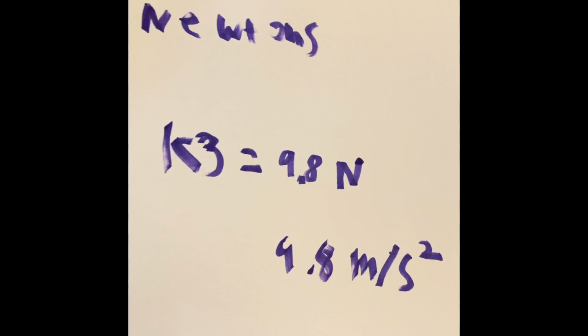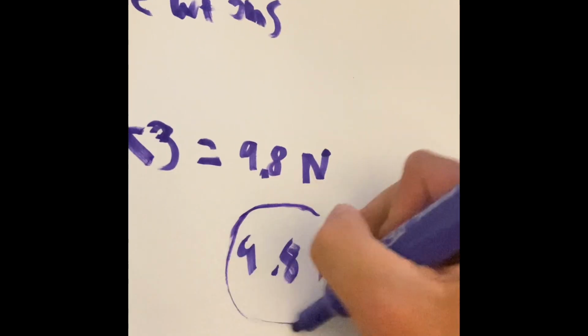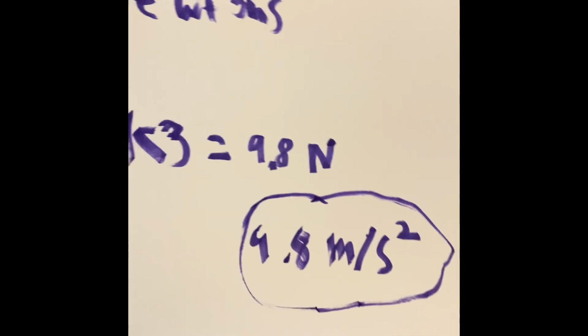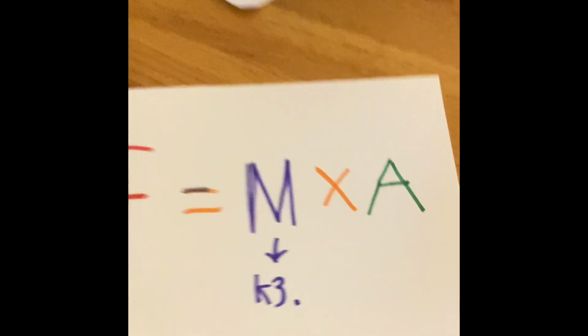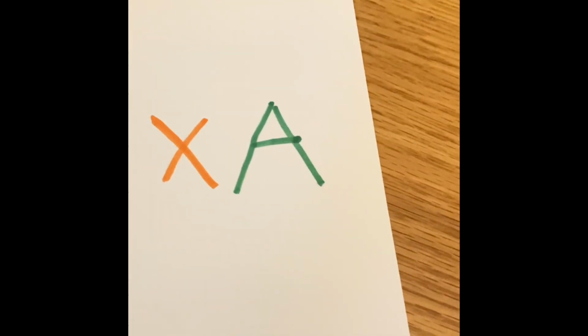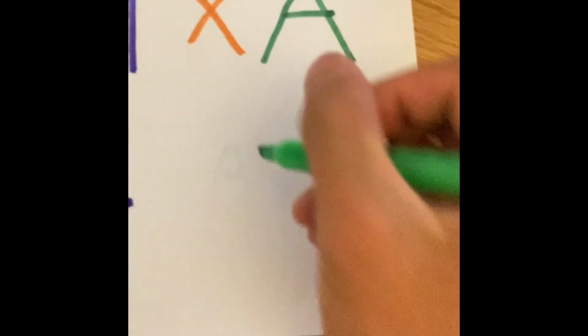So anything that falls will always have a speed of this when you're falling to Earth. That is going to be relatable to the letter A in the formula, because the A represents the speed of an object, or the acceleration.